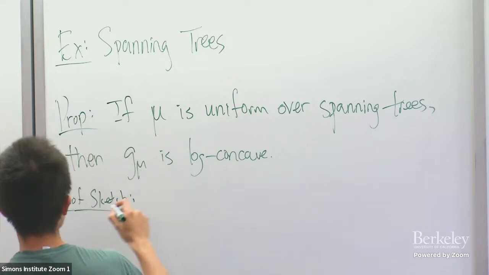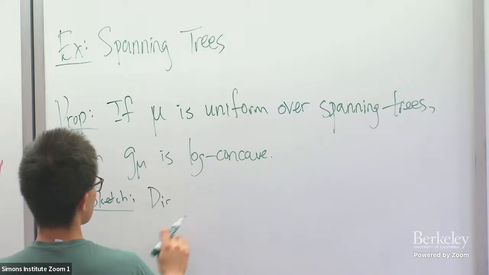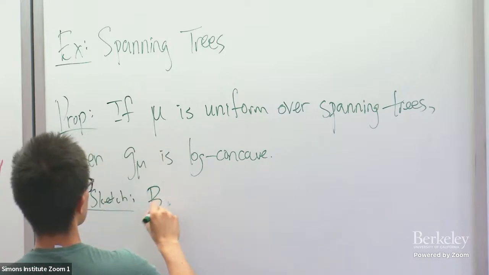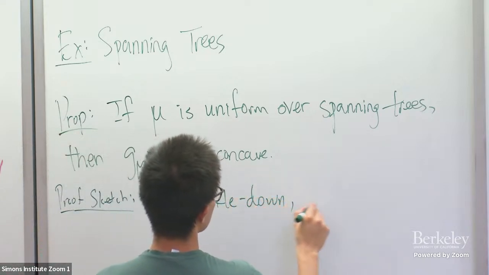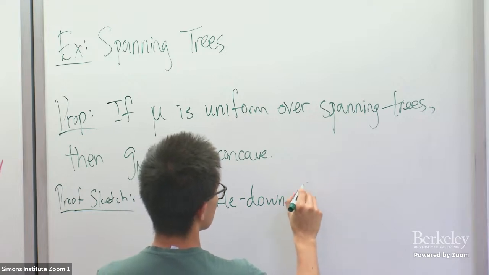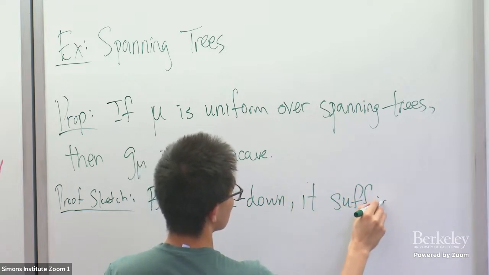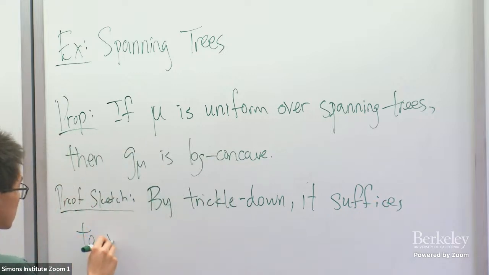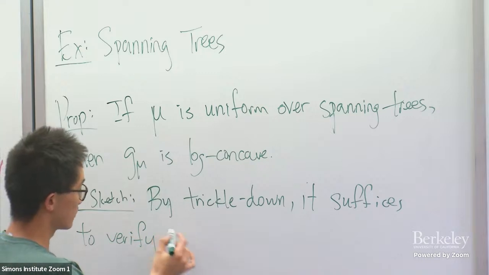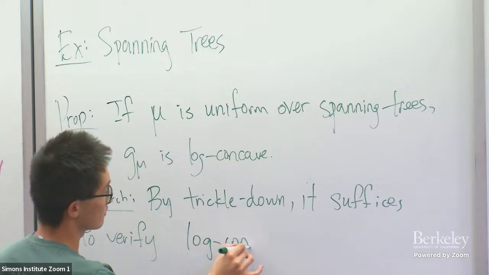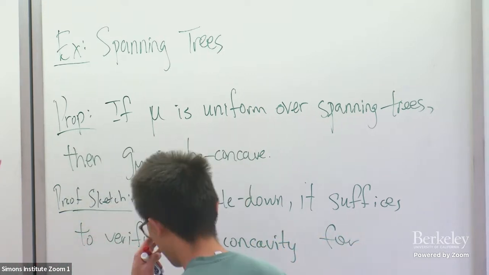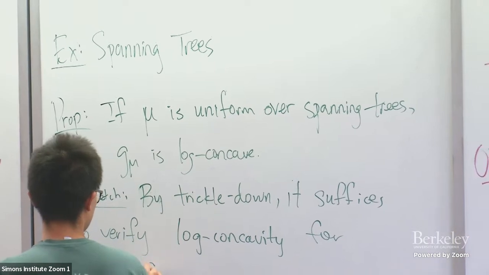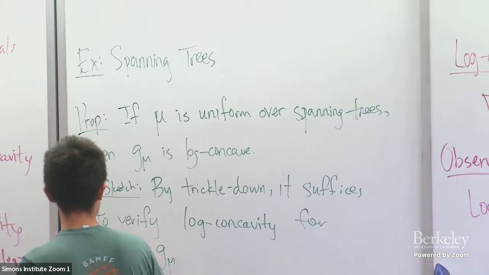So if you use trickle-down directly, we verify log-concavity of basically G mu, where now I can differentiate out.